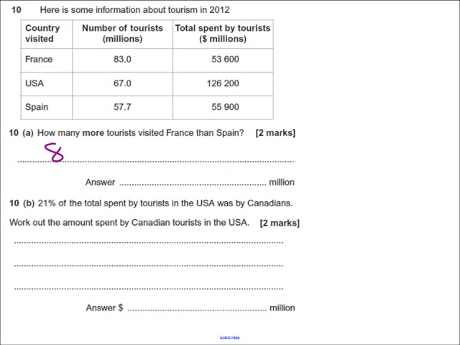Well, France, there were 83 million tourists, and we take away the 57.7 million tourists from Spain. Now do exactly what I'm doing, enter it on a calculator. 83 minus 57.7 equals 25.3 million tourists is the difference.